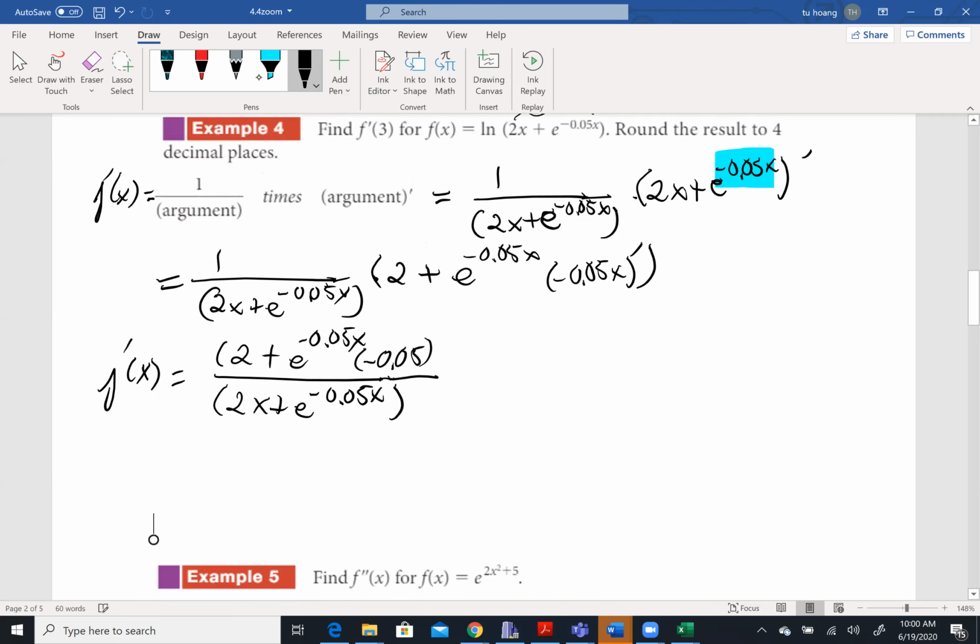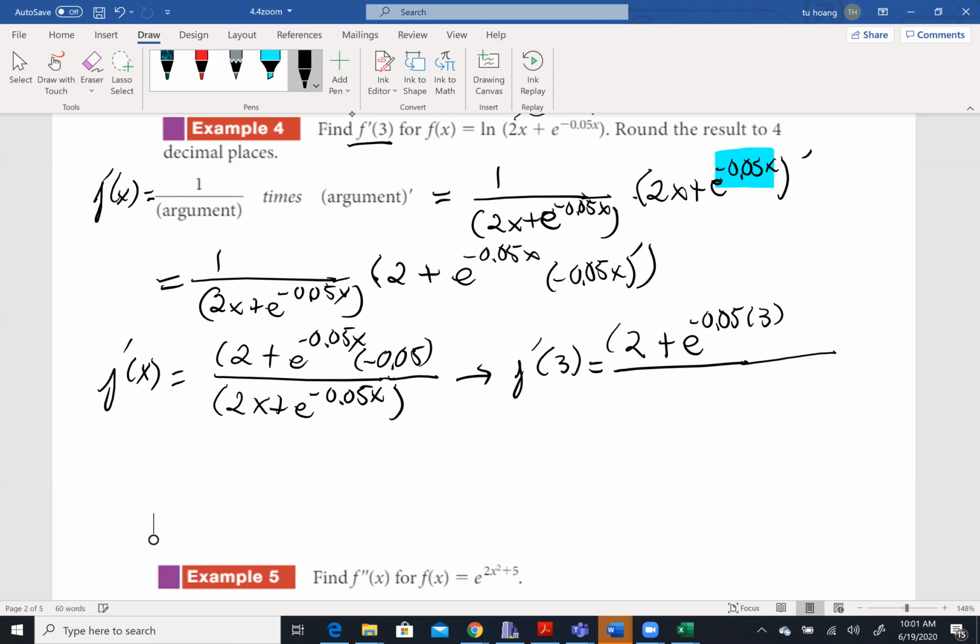What's the question? The question is asking us to find f prime of 3. So I need to plug 3 into f prime of x, since 3 is the input. So f prime of 3 equals, on the top, 2 plus e to the negative 0.05 times 3 multiplied with negative 0.05.